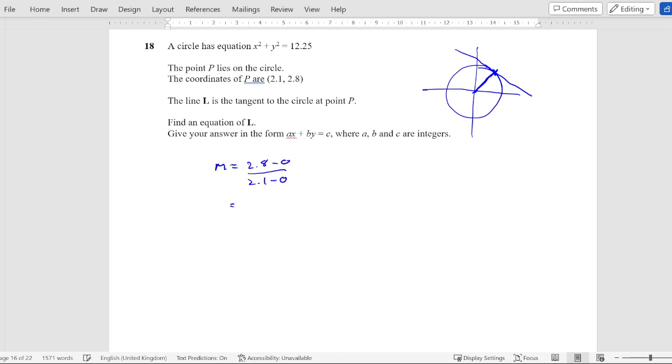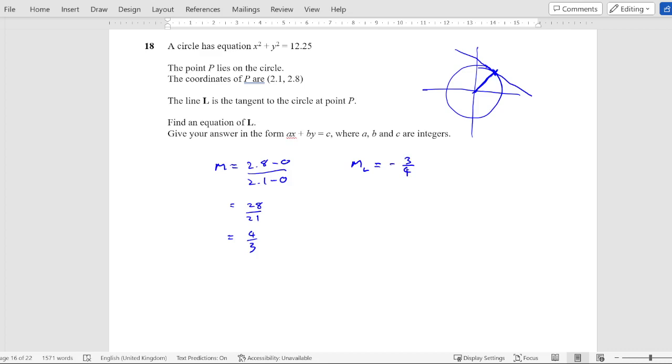And so we can say that's the same as 28 over 21, which is 4/3. So the perpendicular gradient, or the gradient of L, so I'm going to call that ML, is the negative reciprocal, so it would be minus 3 over 4.